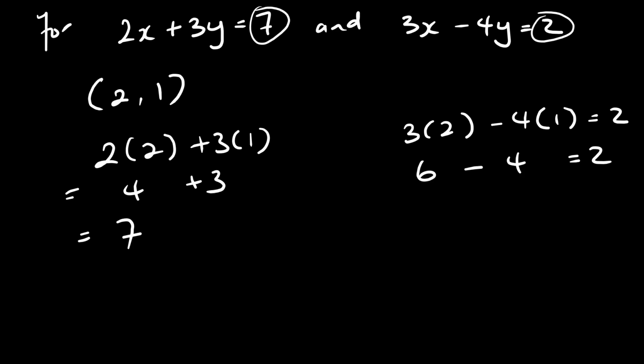Now, what does the other process look like? The other process that we have is called substitution. If I can, I might have to put this on another sheet. So let's do that. All right, so we're going to solve this one on another page. For the same two simultaneous equations, we're going to use substitution.